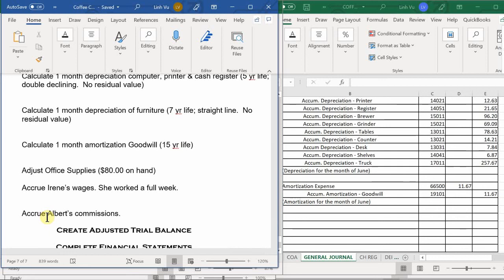So adjust office supply. I don't know what it means. Okay, so when you buy office supplies, right? What happens when you use them? They don't depreciate.